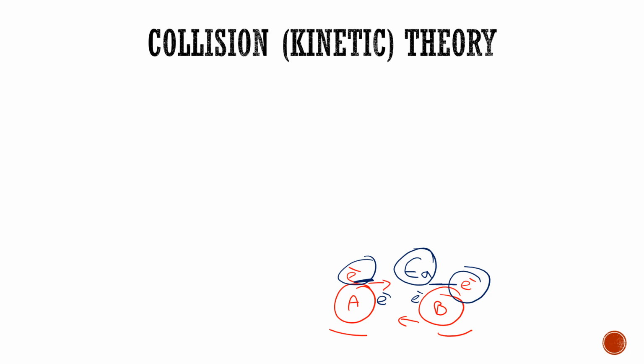They have to collide with the correct alignment, because imagine that this is a pen and this is a cap. Of course, if they collide in the wrong direction, you will not have the cap on the pen, so they must collide in the correct alignment.